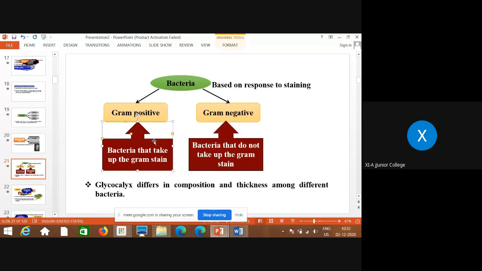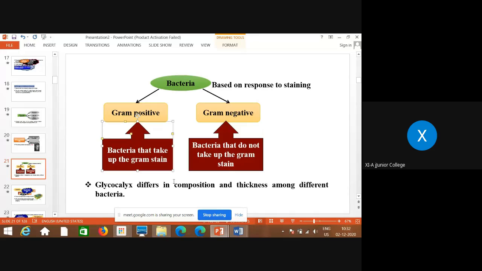The stain used is a basic dye. When the bacteria take that stain, they are called gram positive, and if they don't take the stain, they are called gram negative. So glycocalyx differs in composition and thickness among different bacteria.